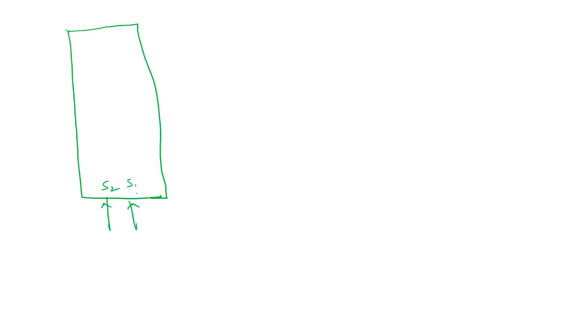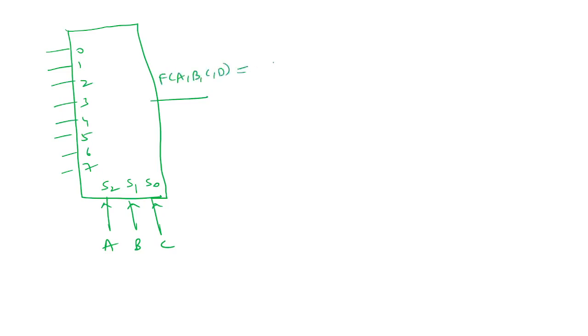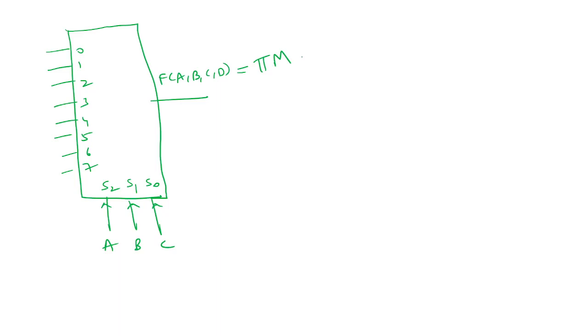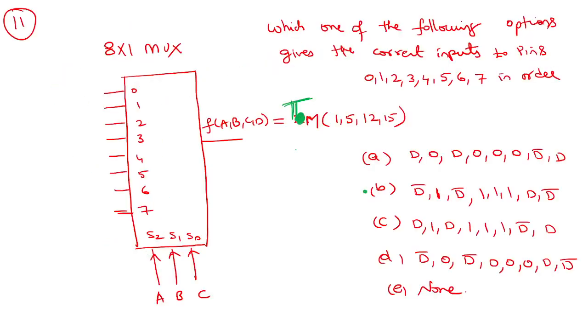S2, S1, S0, A, B, C, right? 0, 1, 2, 3, 4, 5, 6, 7. And this is f of A, B, C, D is equal to what? Pi m of 1, 5, 12, 15. Be careful. Let me cross check. 1, 5, 12, 15, right?